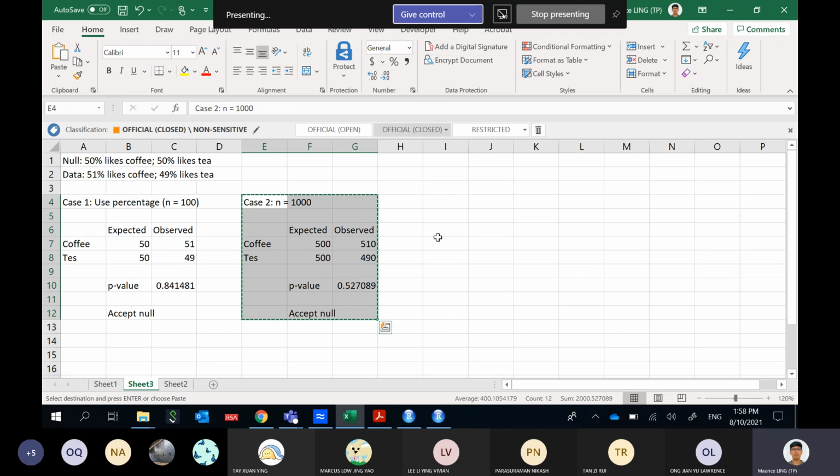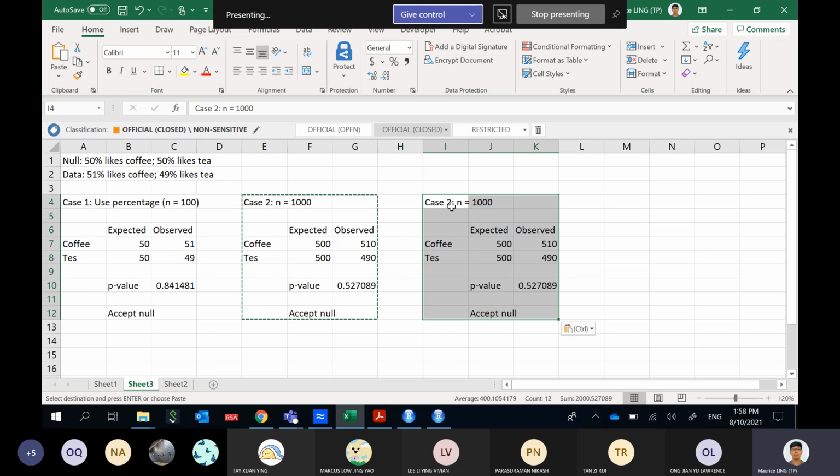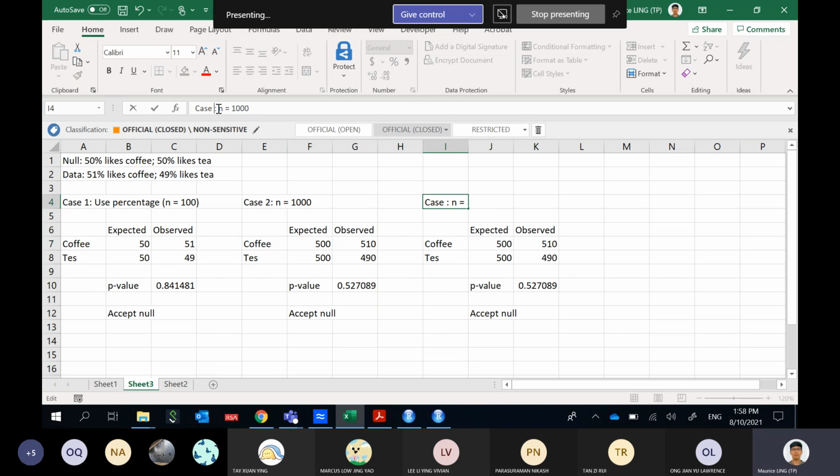Let's go on to a third case. Let's say I have a third group of you who is super energetic and you do 10 times more people. You survey 10,000 people, basically half the entire population. Similarly, expected 5,000, 5,000.